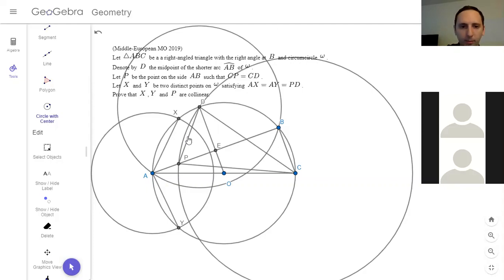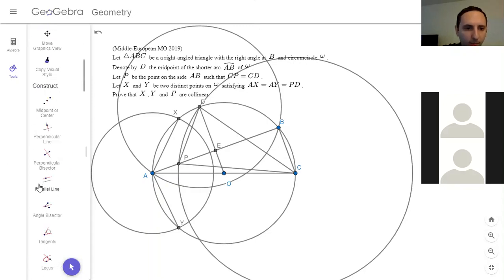So that means that PA squared plus AD squared equals 2PD squared. That almost means the angles of this are determined, I think. Wait, so PA squared plus AD squared is 2PD squared? That's weird. Let me try something here.